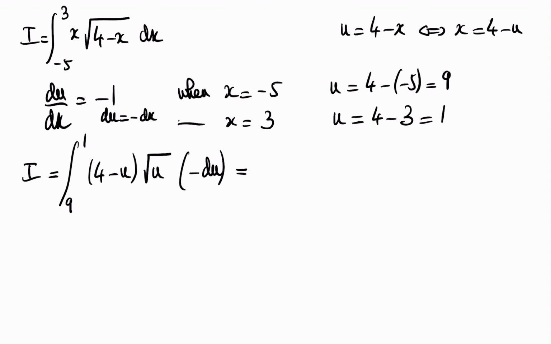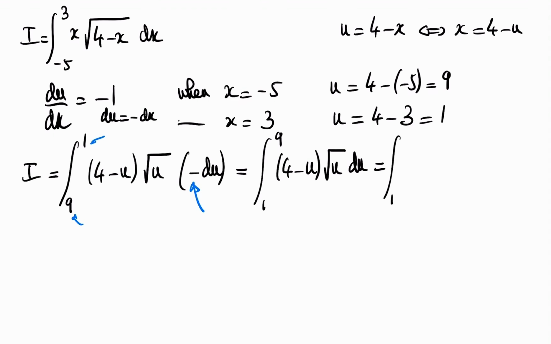Right. So here, because I've got a minus sign, to get rid of it I'm going to swap the boundaries of integration. That's the same as the integral from 1 to 9 of 4 minus u root u du, which is from 1 to 9 of 4u to the power of 1/2 minus u to the power of 3/2 du.